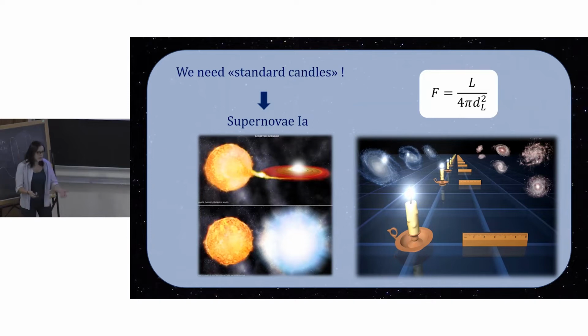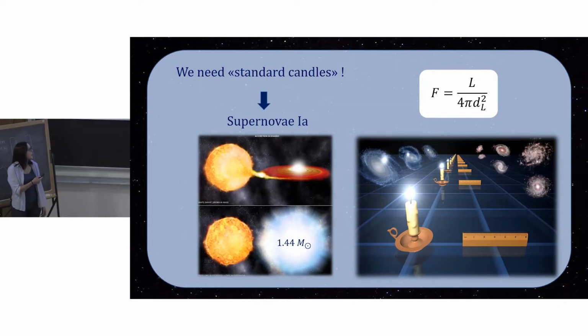The most famous standard candles are Supernovae 1a, probably everyone has heard of them, but just to recall, a Supernova 1a happens when we have a white dwarf and a companion star. The companion star accretes its mass into the white dwarf, and when it reaches this mass limit, it collapses and explodes. As the physical limit for the explosion of these objects is always the same for all the objects, it means that the luminosity they produce is always the same.